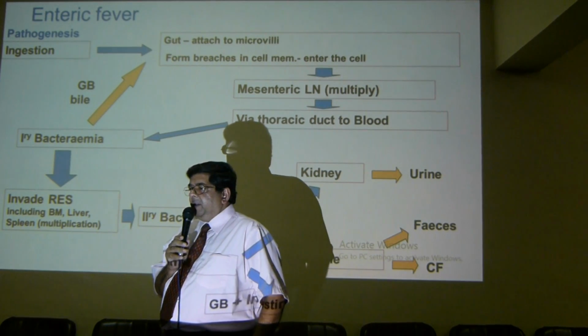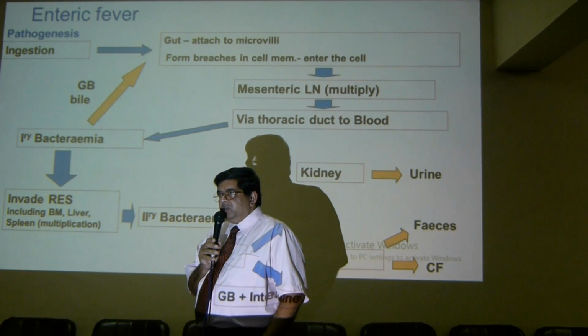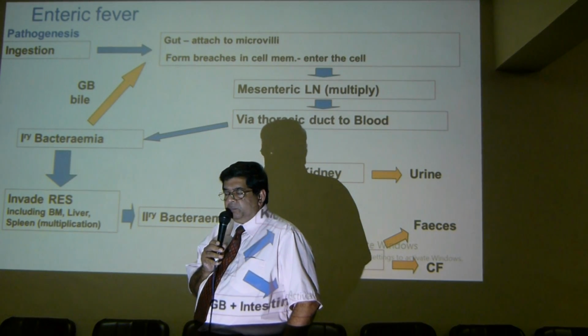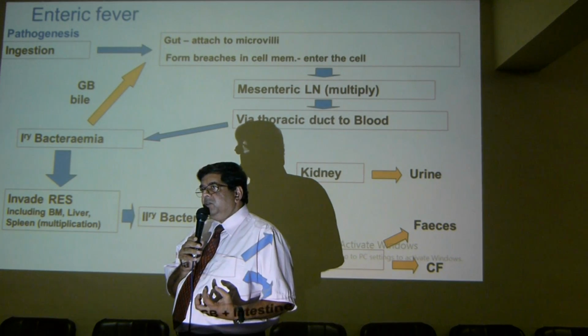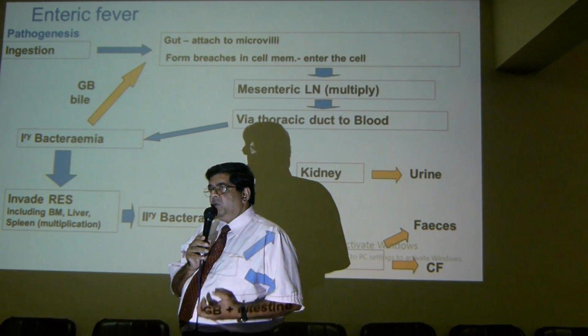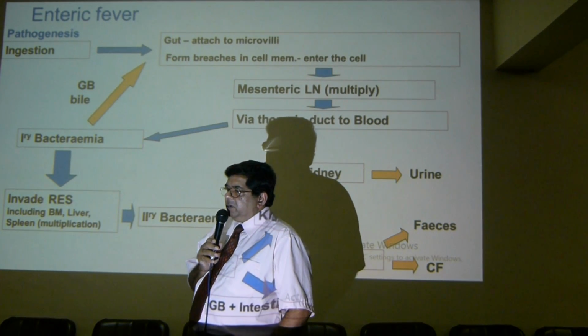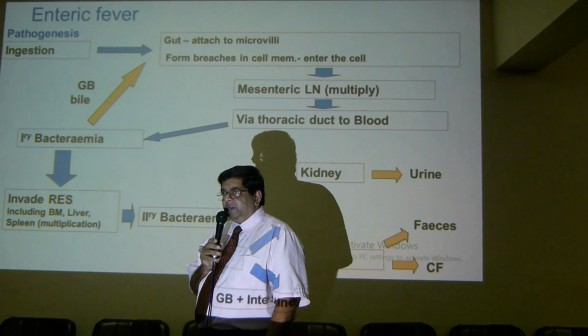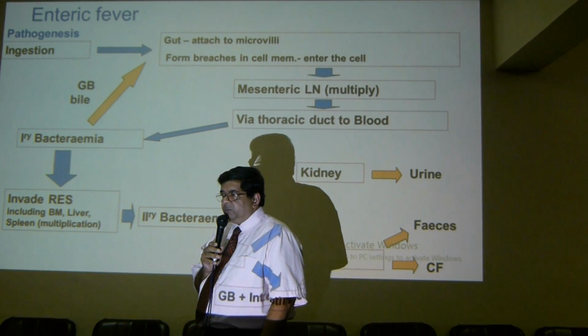Initially in the mesenteric lymph nodes these organisms multiply. They then get onto the thoracic duct, enter the bloodstream and cause the primary bacteremia.